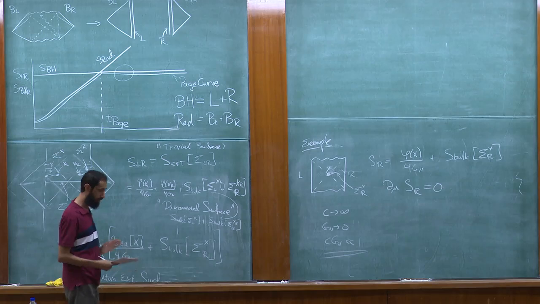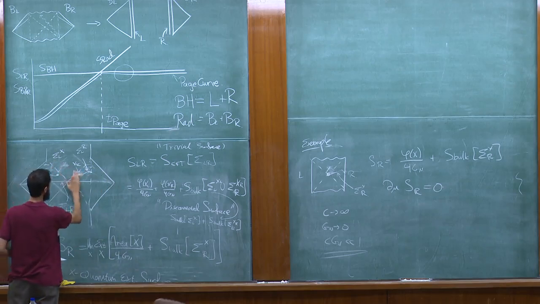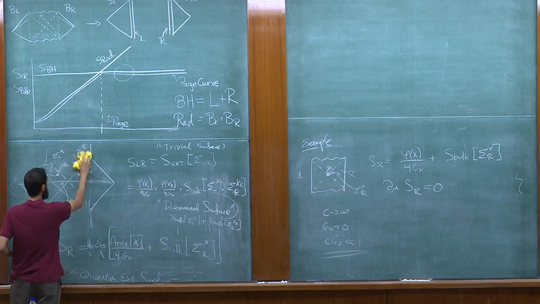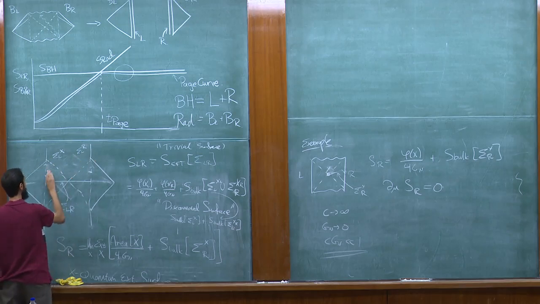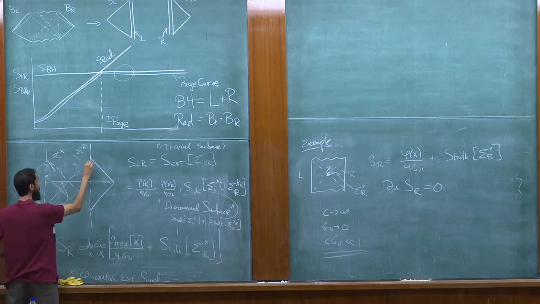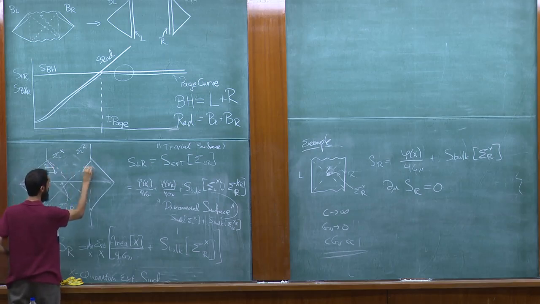Now the thing that you find is a constant answer, but what is that constant? You find that the surface is located very close to the horizon. So there's a locus of points that looks something like this. For this time it's this surface, for this time it's that surface, and so on.